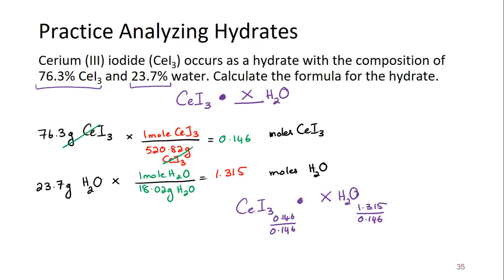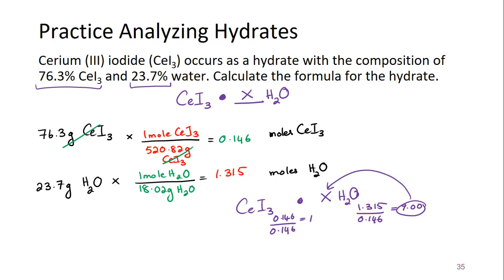Let me divide that and tell you the answer. 1.315 divided by 0.146 gives me 9, and this is just 1. So the ratio of cerium iodide to water is 9. What you just found here is the number of water molecules attached to cerium iodide.